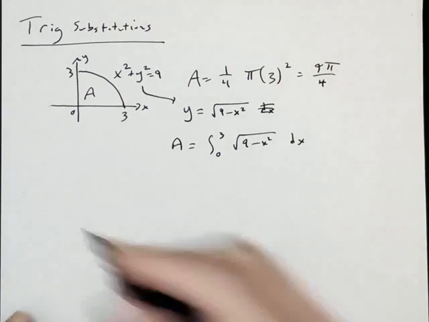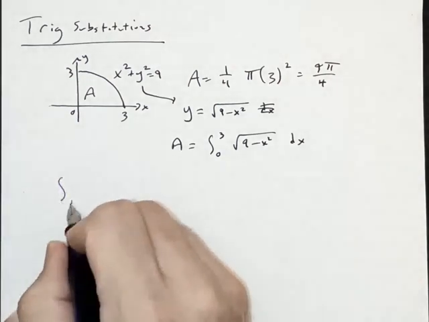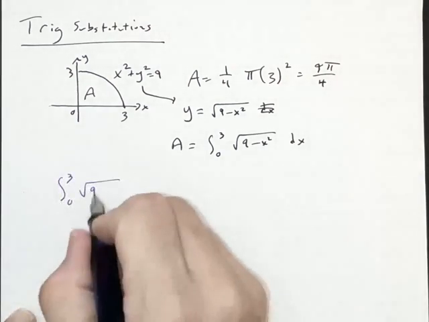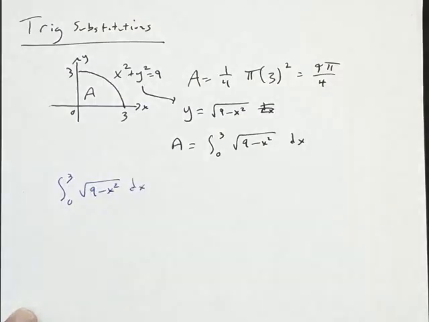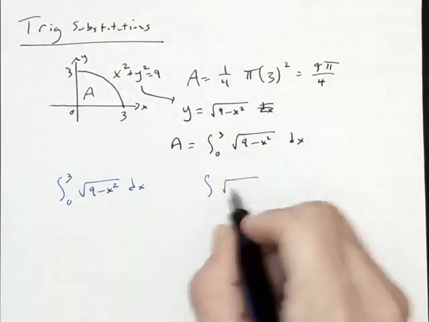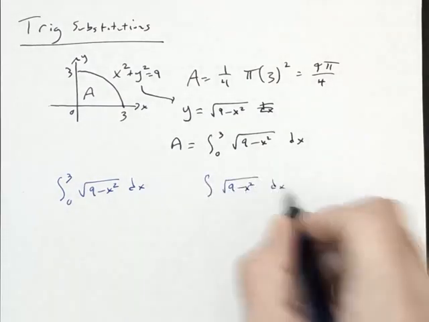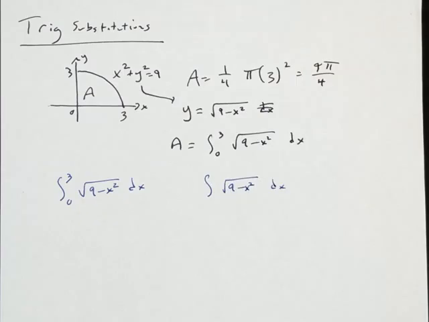Because if I said compute this integral and didn't give you the picture, my first reaction is, oh, let's do the fundamental theorem of calculus, and that means I need the antiderivative of this. What do I do?